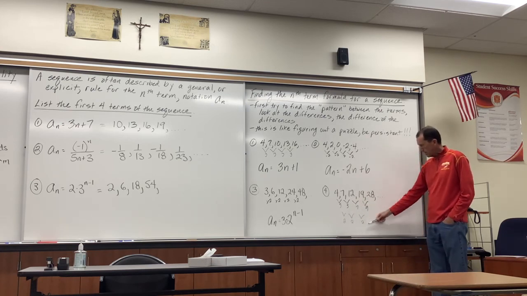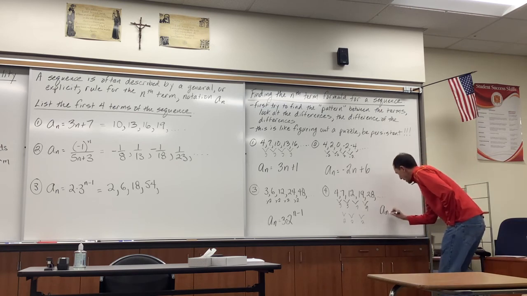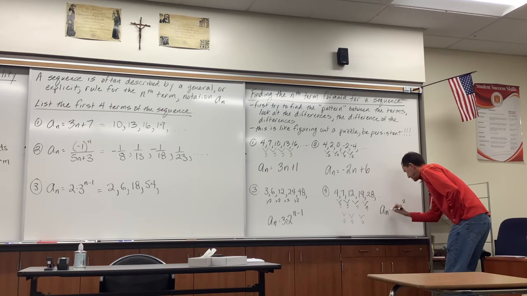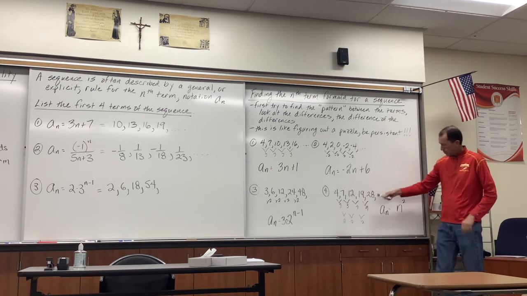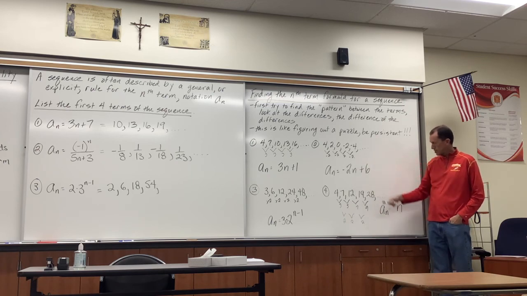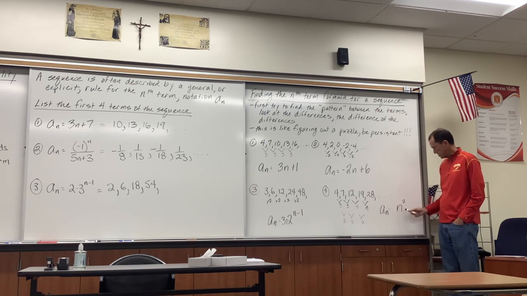If you go down 2 levels, that might be a hint that there is an n squared involved somehow. Again, down 1 level, you use linear, n to the first power. Down 2 levels, you use a quadratic, you use n squared.